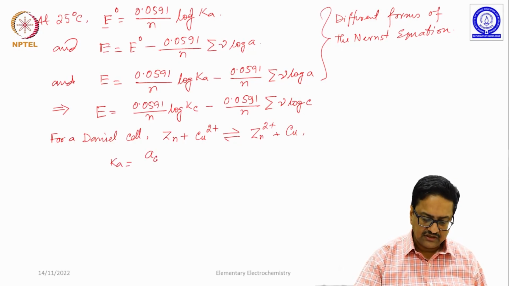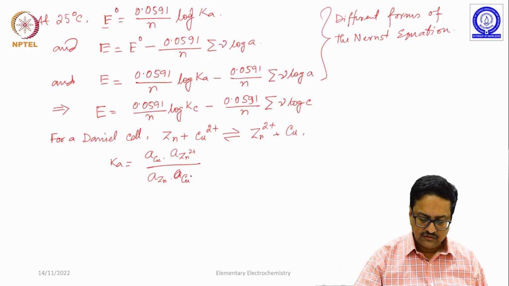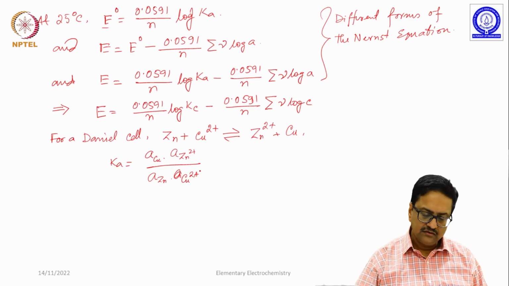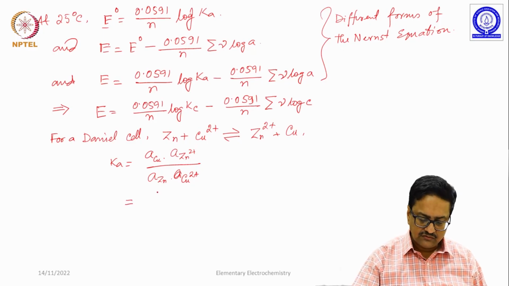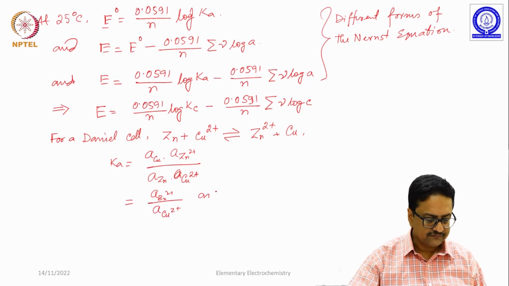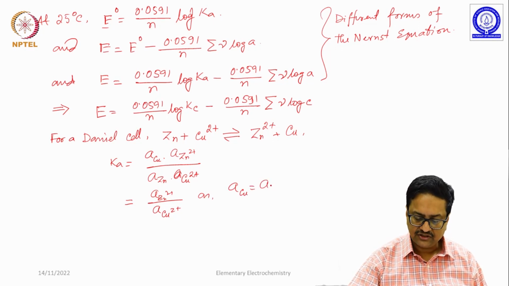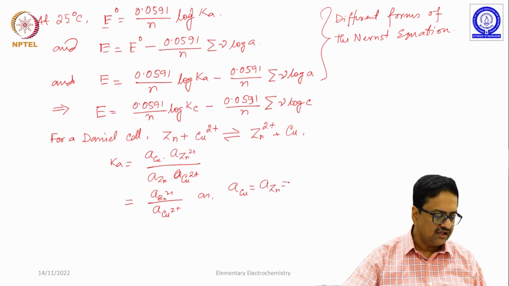to activity of Cu into activity of Zn2+ divided by activity of Zn into activity of Cu2+, which can be equated to activity of Zn2+ by activity of Cu2+ as the activity of pure metallic copper is equal to activity of pure metallic zinc, which is assumed to be equal to 1.